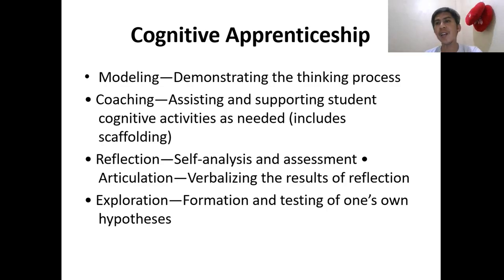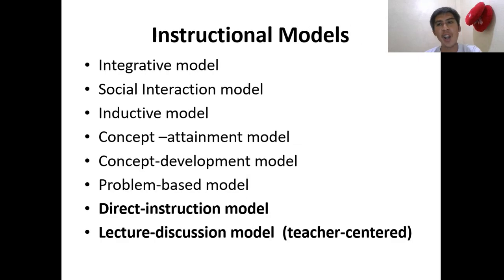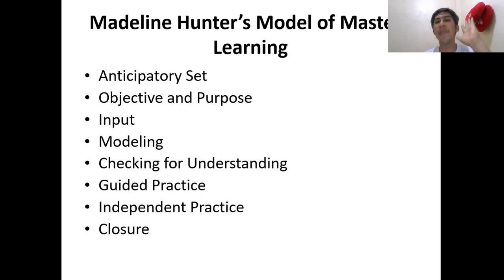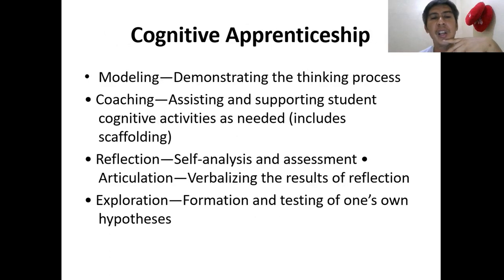Here's another. How many have you learned already? 1, 2, 3, 4, 5, 6, 7, and then the direct instruction model, Madeline Hunter, and then you can add cognitive apprenticeship. Look at this.